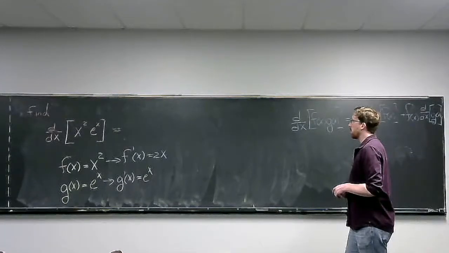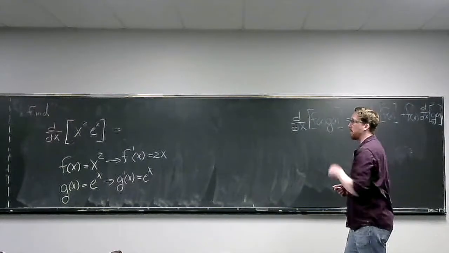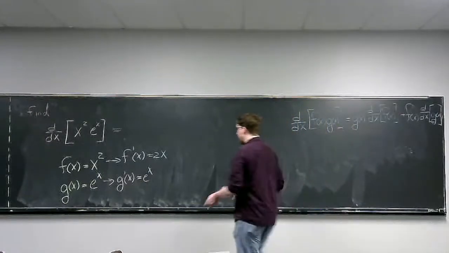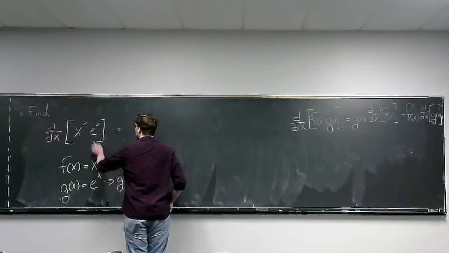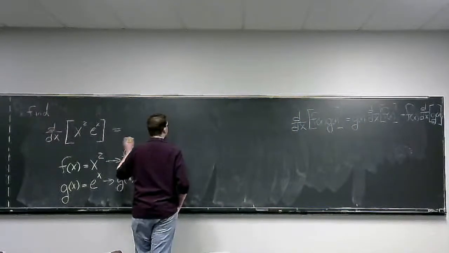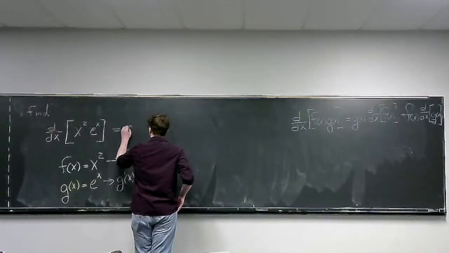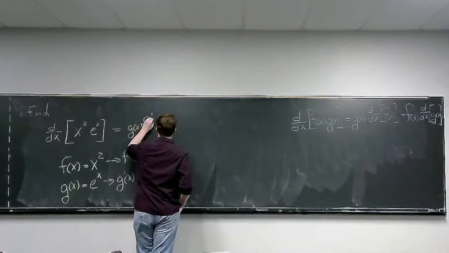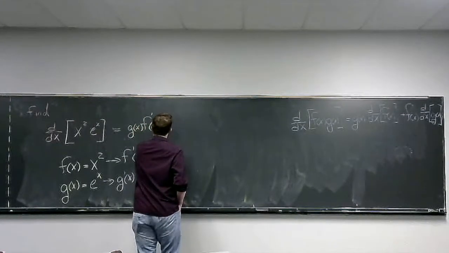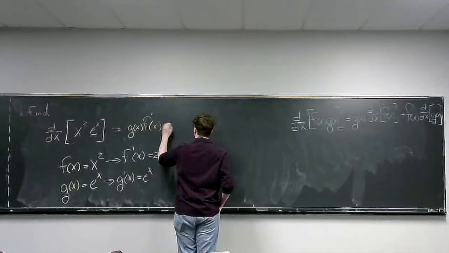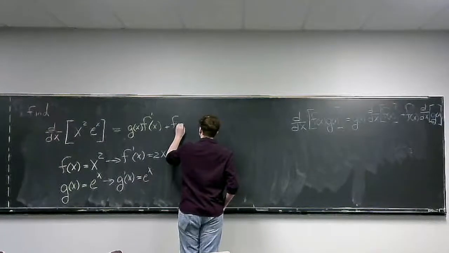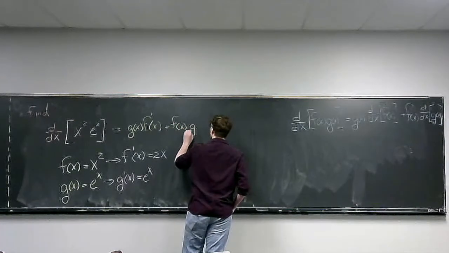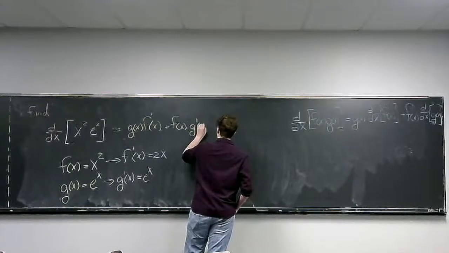Now, from here, we can put it all back together, right? From here we can say, well, this thing is going to be equal to g of x times f primed of x plus f of x times g primed of x.